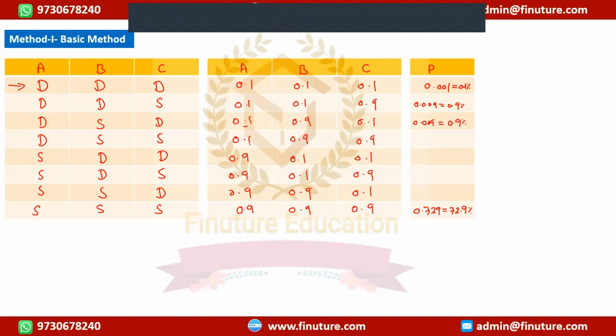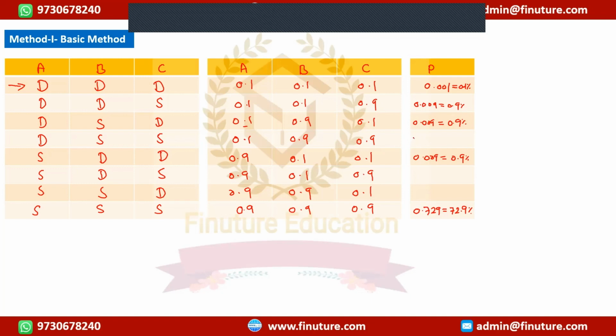Wherever there are two 10% and one 90%, let me quickly write that, because the multiplication will not change. Three times we had 0.9%, and we will have something similar for these three blocks, wherein we have 0.9 squared into 0.1.